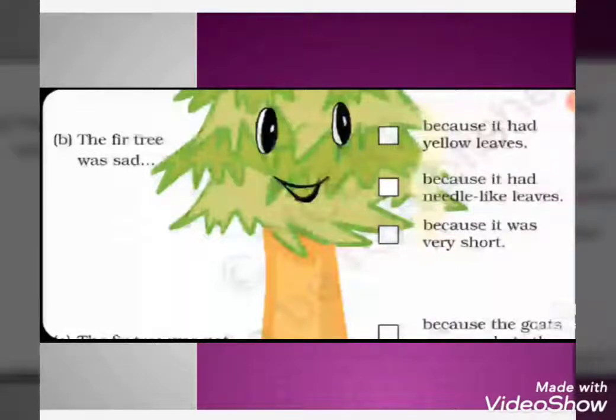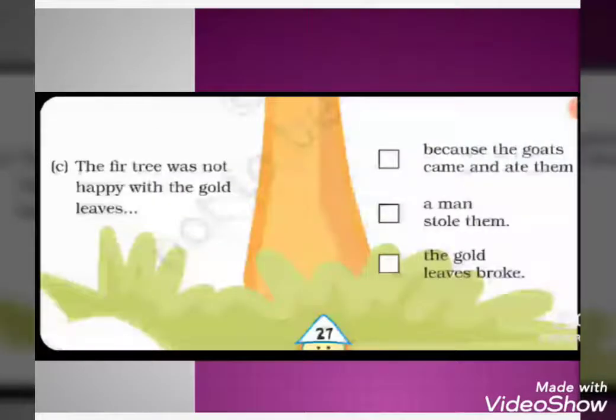The fir tree was sad because it had yellow leaves, because it had needle-like leaves, because it was very short. Remember the answer and tick it. The fir tree was not happy with the gold leaves because the goat came and ate them. A man stole them. The gold leaves broke.